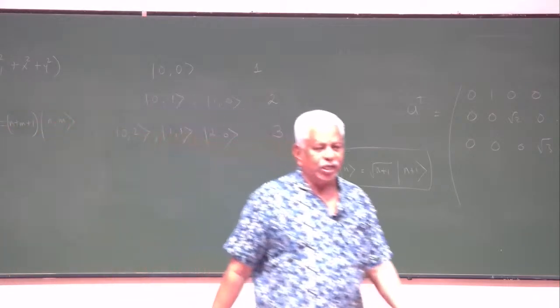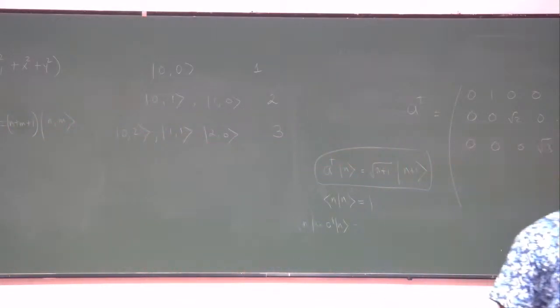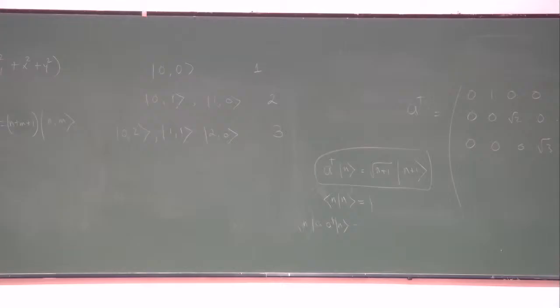So energy eigenvalue 3 has 3 states, labeled by 0 2, 1 1 and 2 0. Energy eigenvalue 4 will have how many states? 3 0, 2 1, 1 2 and then 0 3, 4 states.